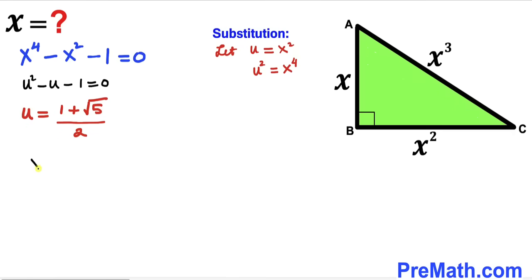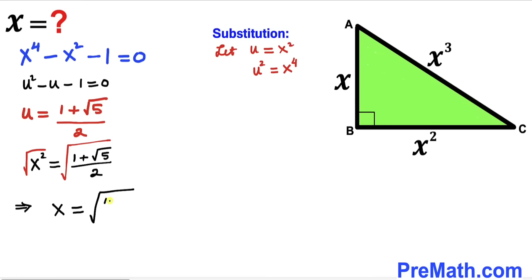So we can write x squared equals 1 plus square root of 5 all over 2. Now I'm going to undo this square by taking the square root on both sides. So our solution x value is going to be positive the square root of 1 plus square root of 5 all over 2.